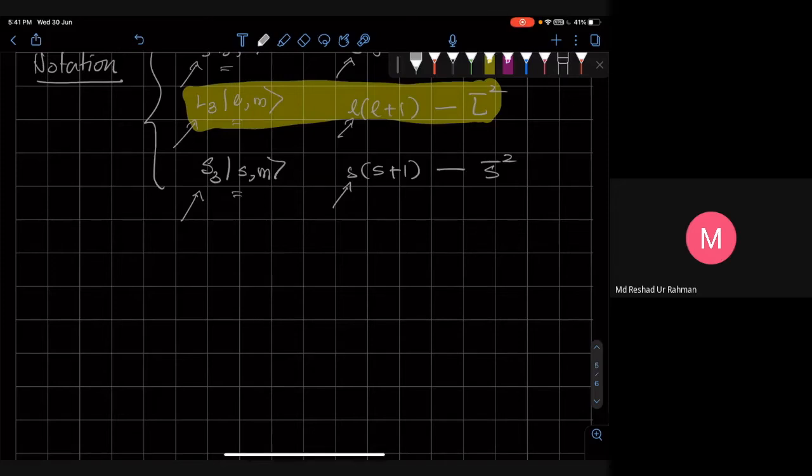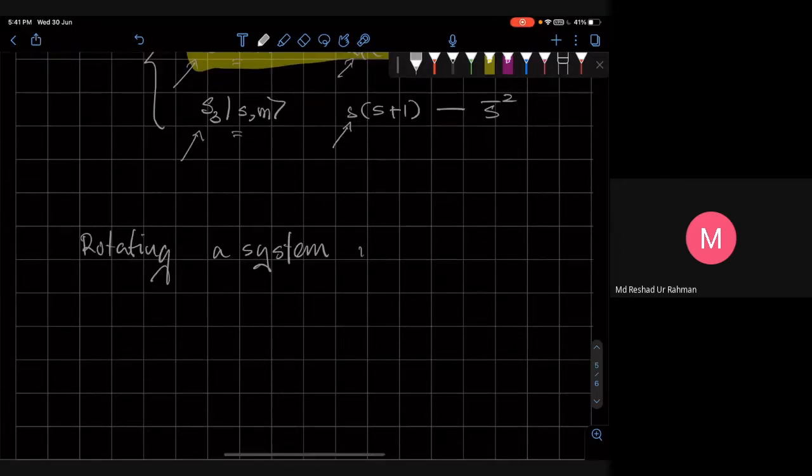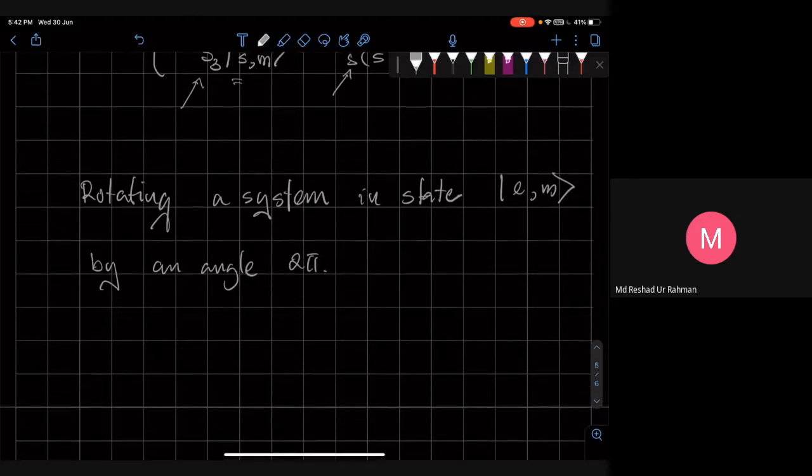So suppose that we are rotating a system which is in a state given by Lm by an angle 2 pi, around, say, the z-axis.